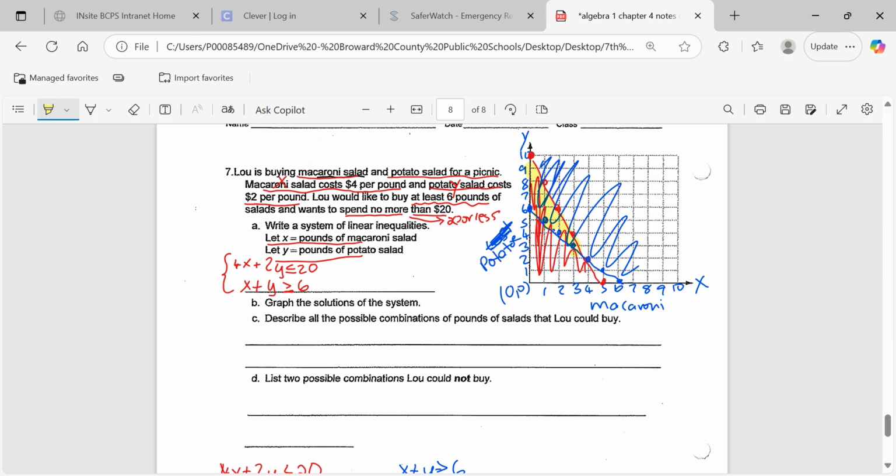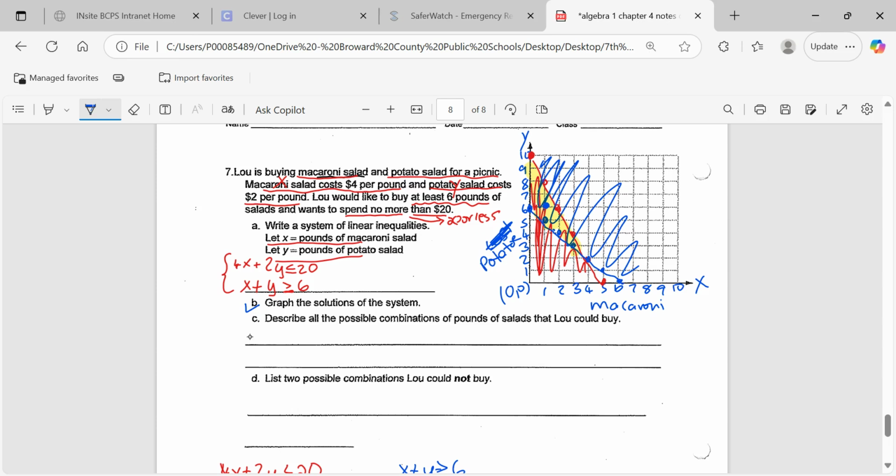All right. So I graphed the system. Part B is done. Now they're going to tell me all the possible combinations of pounds of potato salad and macaroni salad that I can buy. It's going to be important that you actually tell what it is. So let's say I have, maybe I want to come in here at 1, 6, right?